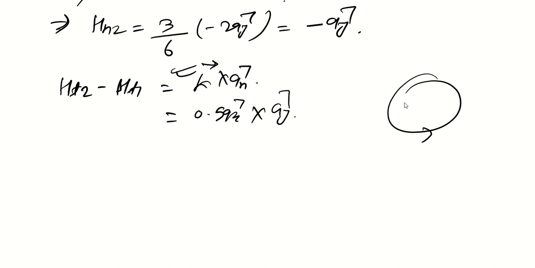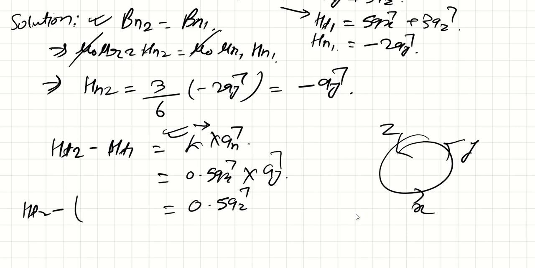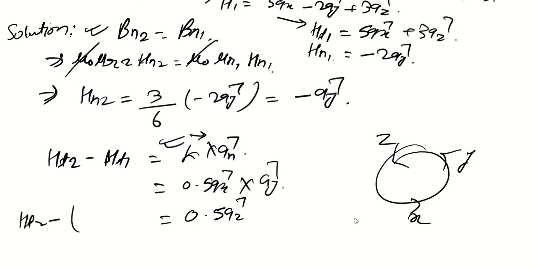So you know Ax, Y, Z: Ax cross Ay will be Az. So we get 0.5 Az. And we know Ht2 minus Ht1, where we already had the values, 5Ax plus 3Az.